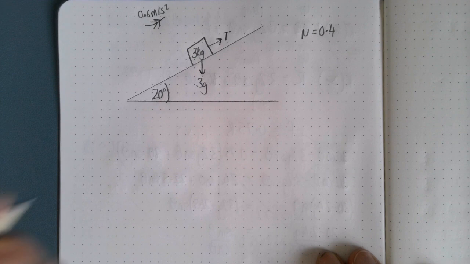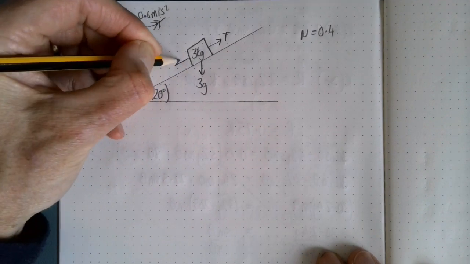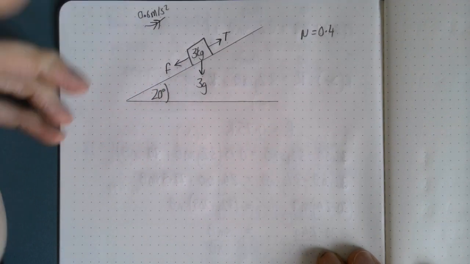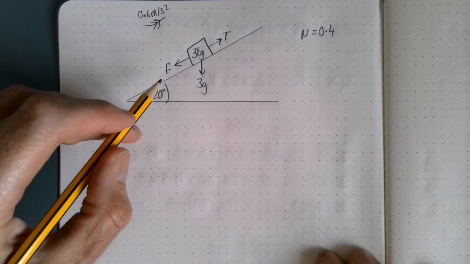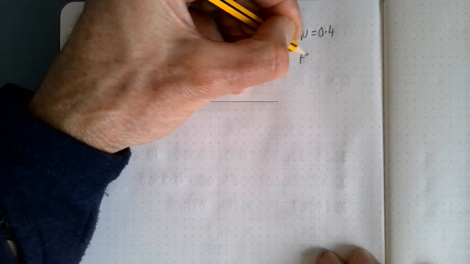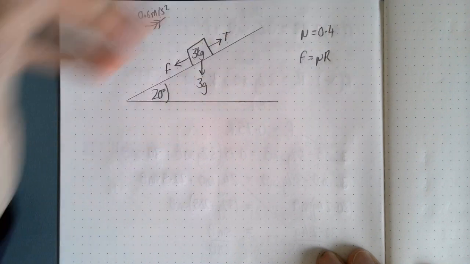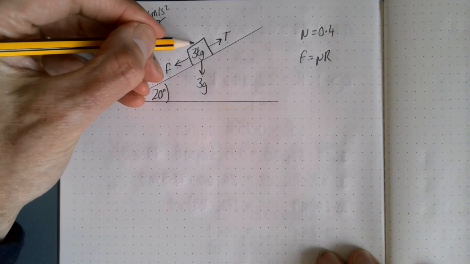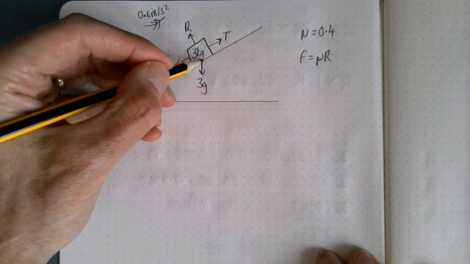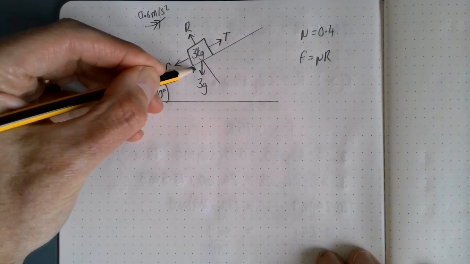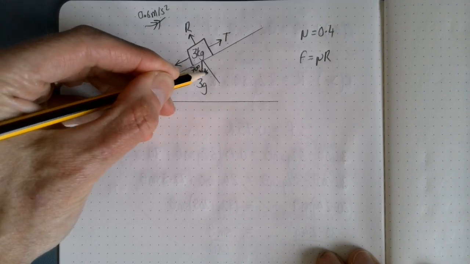Friction is going to oppose the motion. And because it is already moving, we know that friction is already at its maximum value, and that's given by that formula there. R we haven't drawn in yet, so that's that one there. We know the angles involved. This time this one is 70 and this one is 20.